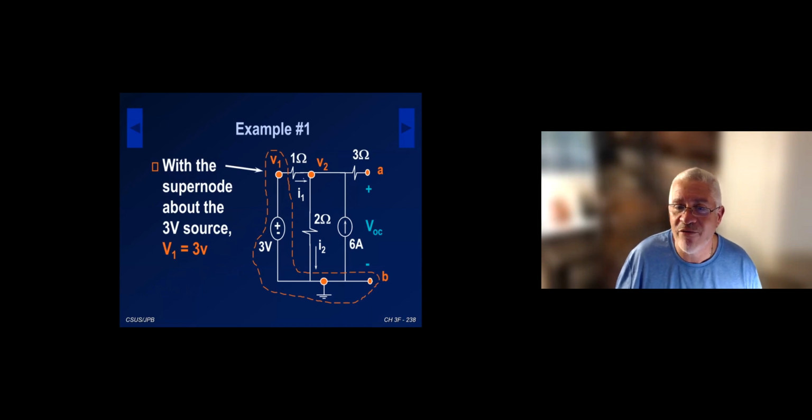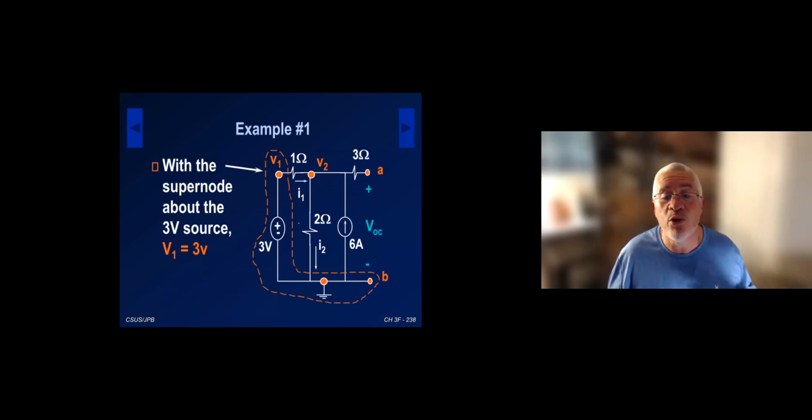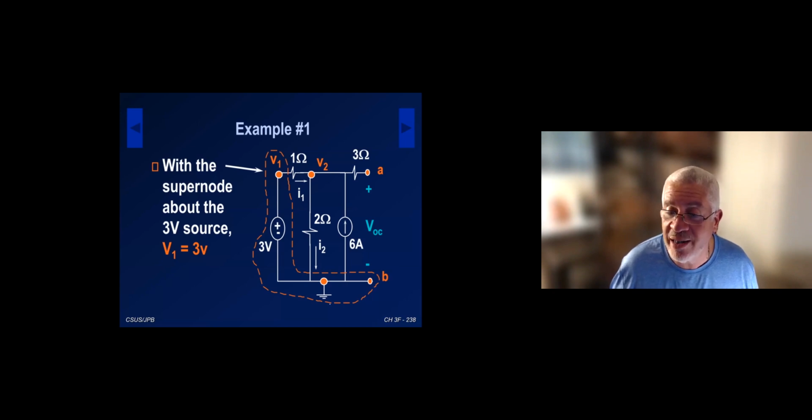So I have two nodes besides the reference node. Of course, the first thing I'm going to do is write a source equation for the 3 volt. As you know, when we're doing nodal analysis, we form a supernode about the voltage source, which I did. That supernode has the reference node, so I'm not going to do a KCL about it, but we write one source equation per voltage source. In this case, V1 equals 3 volt.